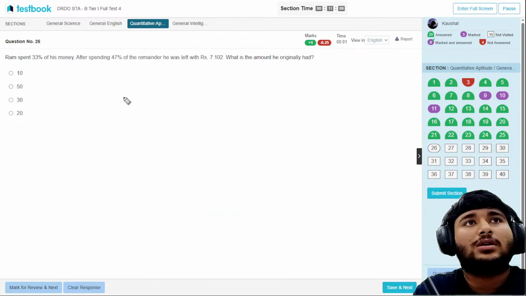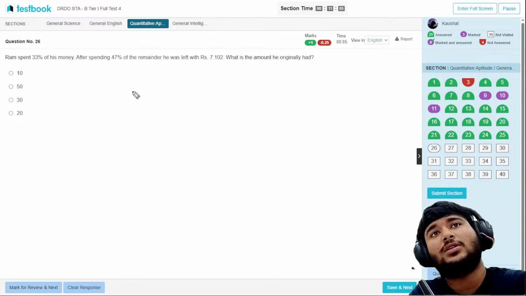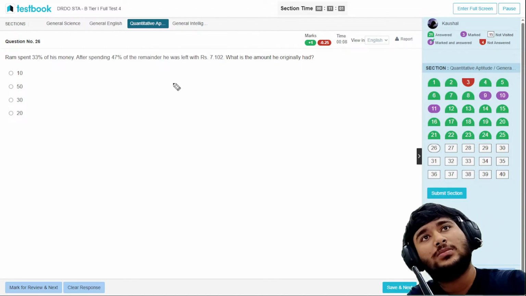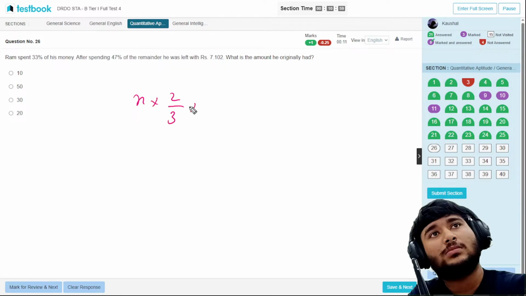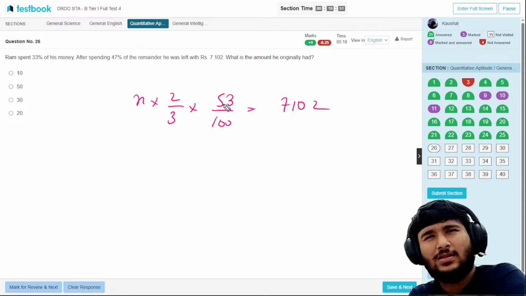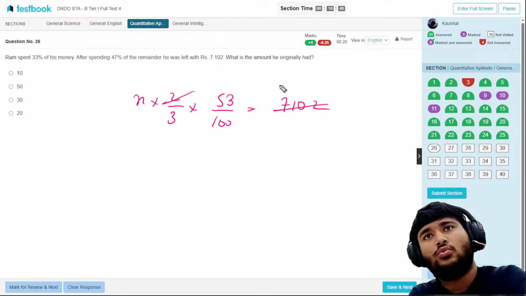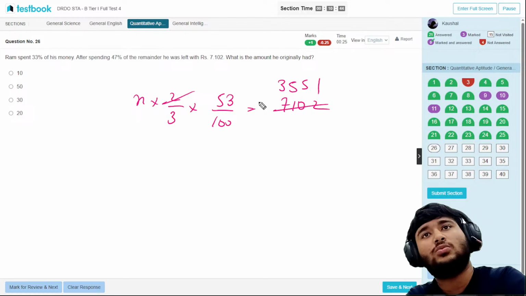Ram spent 30% of money after spending 47 of the remainder he spent. Two threes are 6, 2 5s are 10, 2 1s are 2.